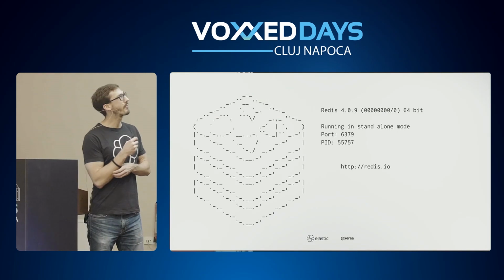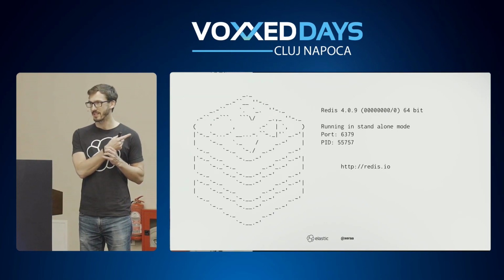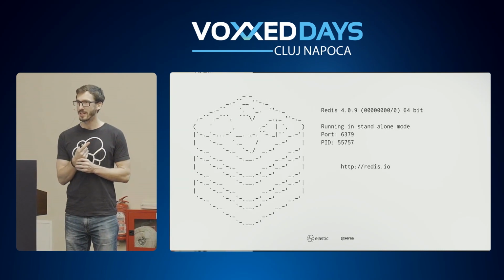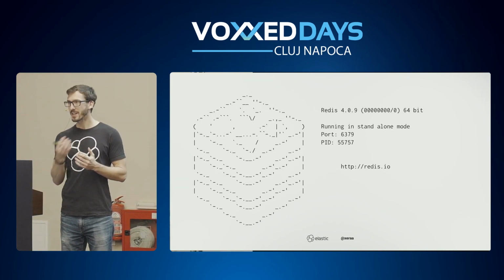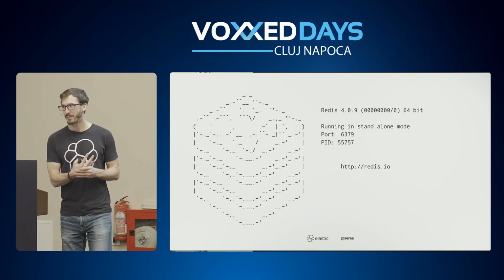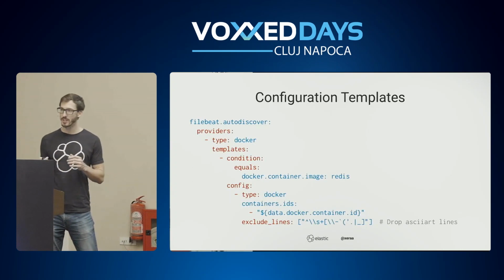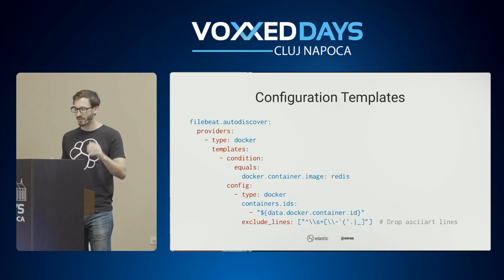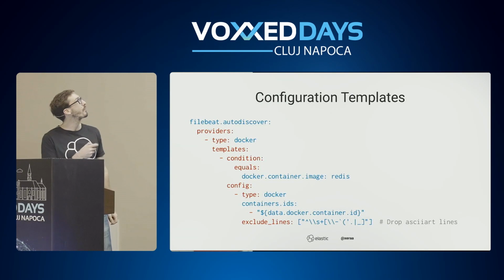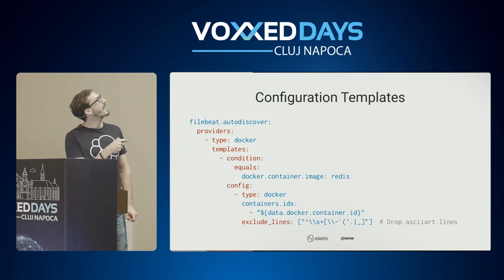Some applications like Redis try to be fun when they start up and they log something like this ASCII Art, which is nice, but this is garbage for centralized logging. Nobody wants to centralize that. We have another nice feature where you can basically define conditions in your log or in your log appender and then exclude specific events. So here, for example, I want to take this auto-discovery rule and first I define a condition.